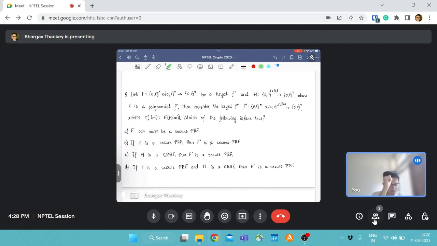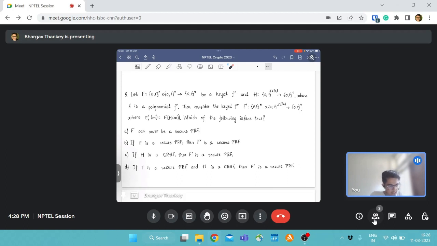So the next problem is, let f from {0,1}^n × {0,1}^n to {0,1}^n be a keyed function, and let h from {0,1}^(≤ l(n)) to {0,1}^n, where l is a polynomial function. So over here, by this notation, {0,1}^(≤ l(n)), I mean all 0,1 strings of length at most l(n).